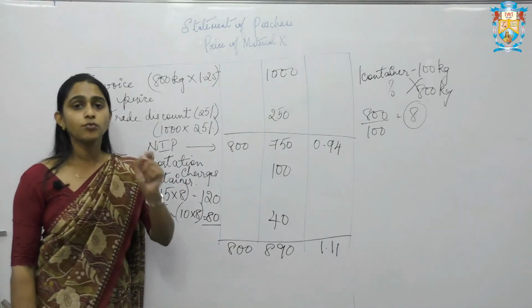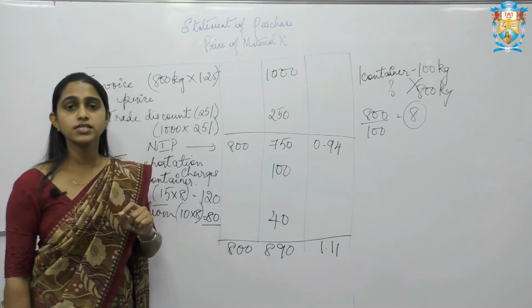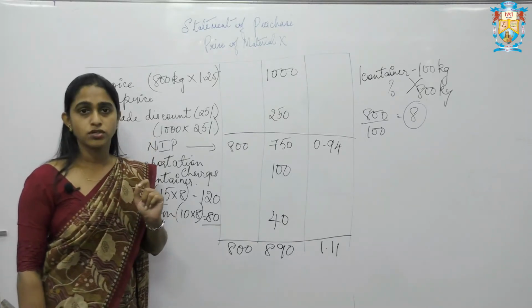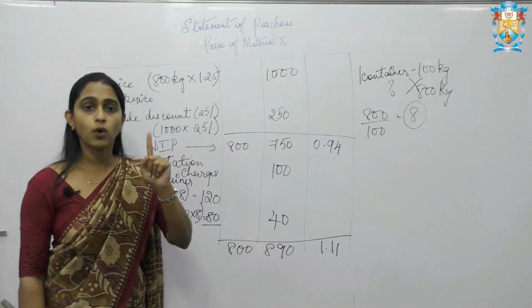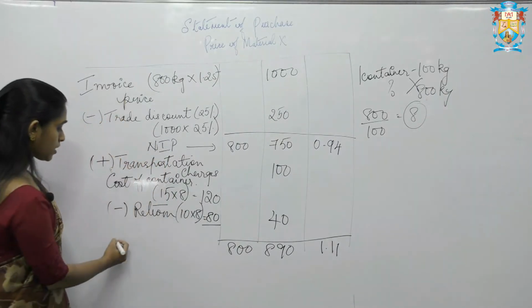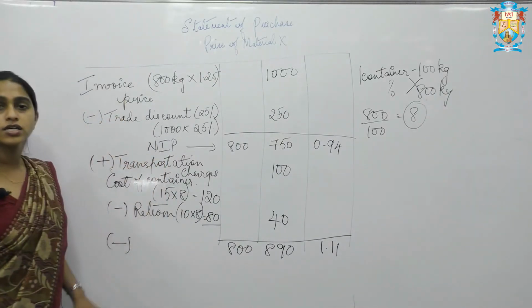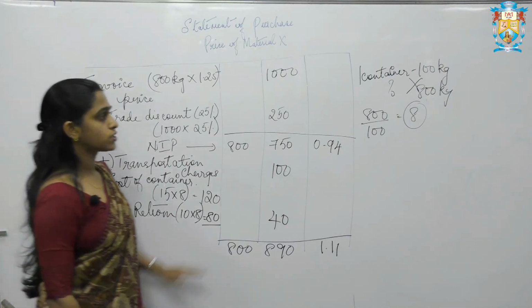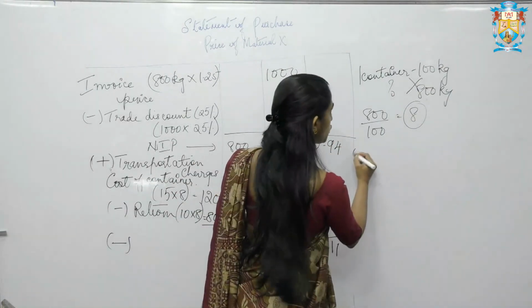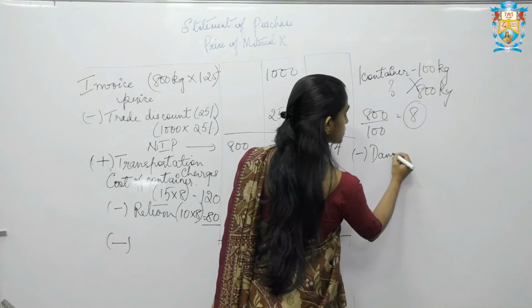Now there's one more last adjustment, that is if there's any damage. Provide damages 1%. This damage 1% you have to deduct. So minus the damages.